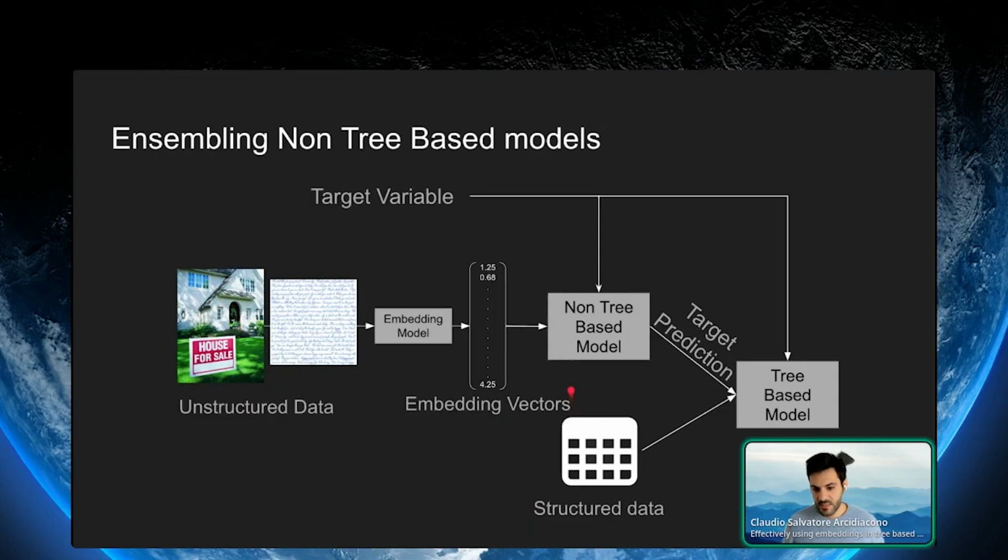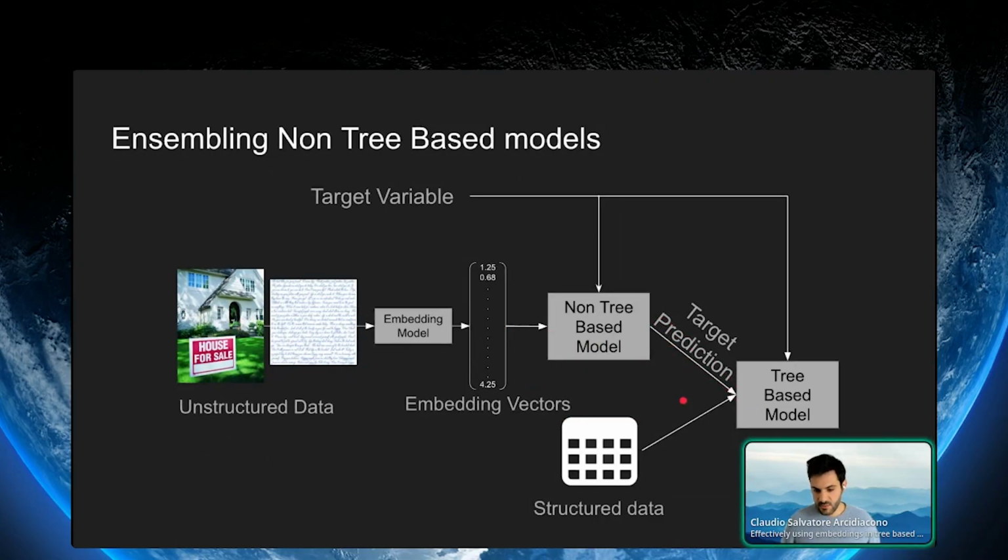And then once you obtain these embedding vectors, instead of sending them directly to the tree-based model, we use the embedding vectors to train a non-tree-based model, for example, linear regression. At this point, we use the non-tree-based model to make predictions only looking at embedding vectors, and we pass those predictions to our tree-based model.